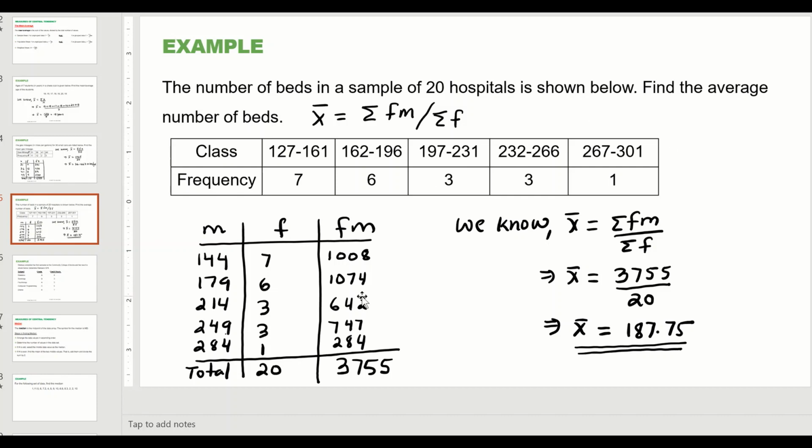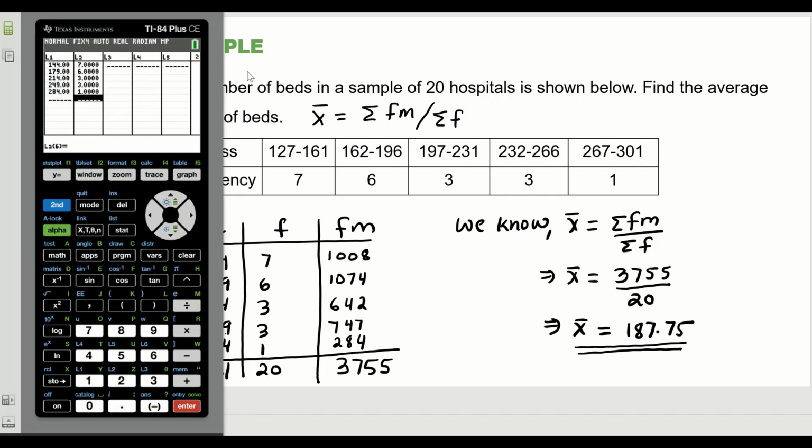We can also calculate the same mean using a TI-84 calculator. What you have to do is enter the M value in list 1 and frequency in list 2.